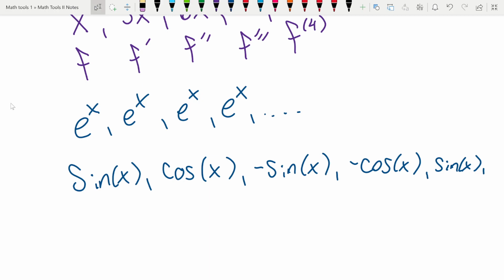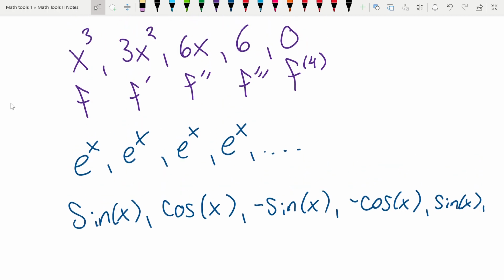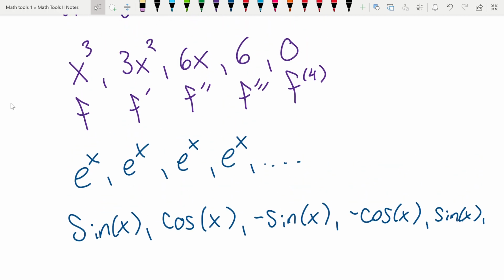Even if it eventually zeroes out, like if the derivatives are all 0, we still say that it would be infinitely differentiable. So this concept will be important at the very end of this class when we look at Taylor series. Taylor series are where we can basically approximate pretty much every function with a polynomial written as an infinite series.